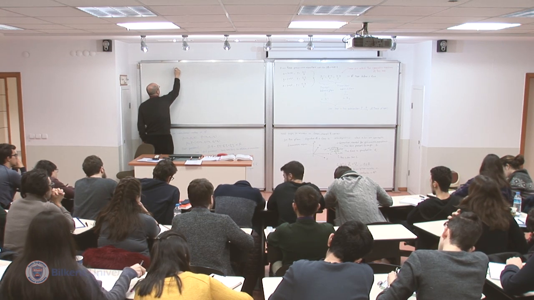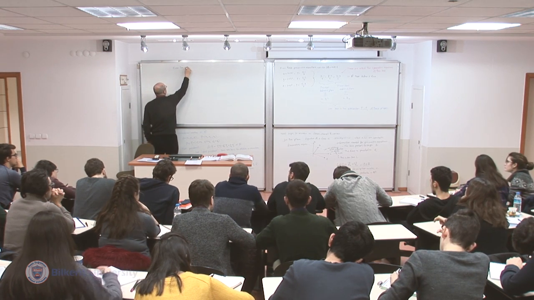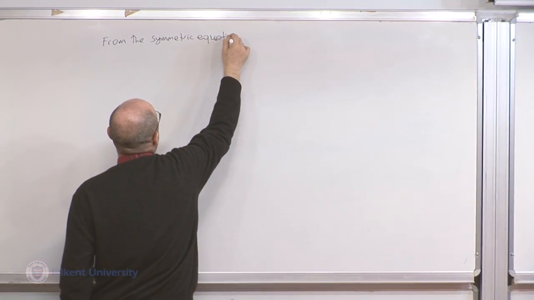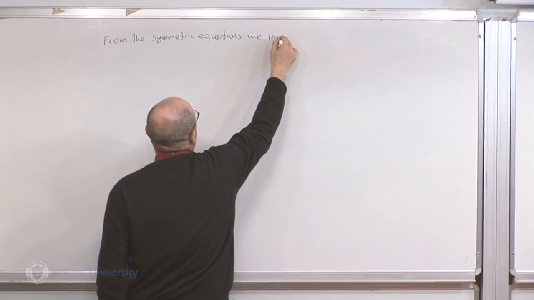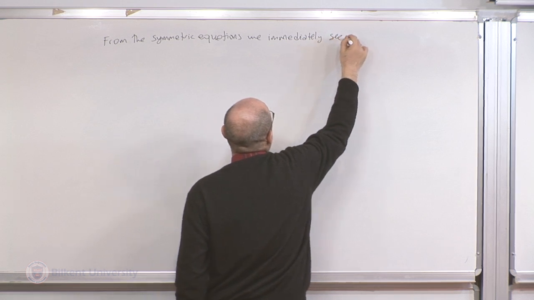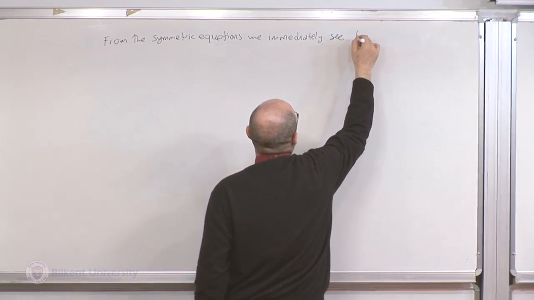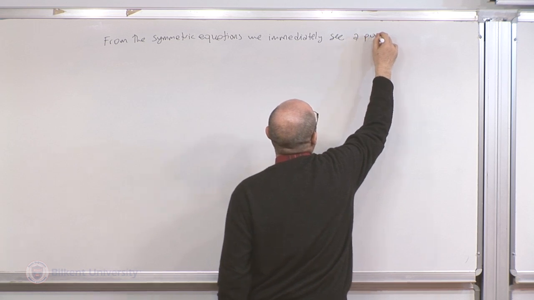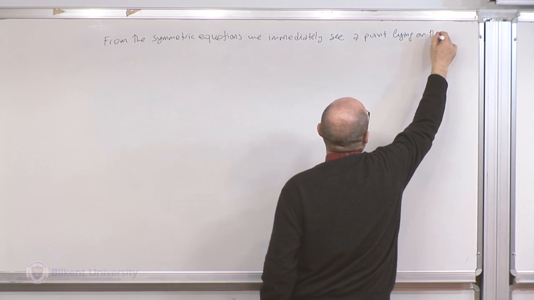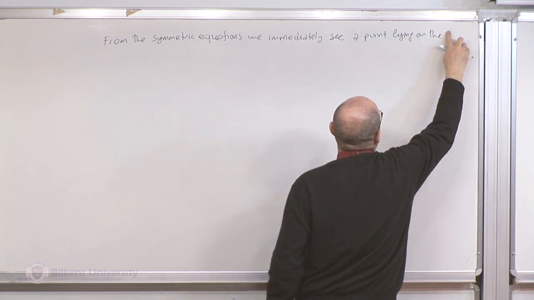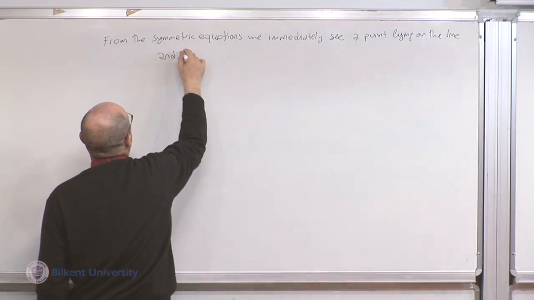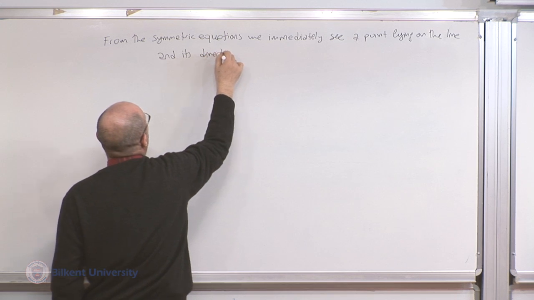From the symmetric equation, we immediately read a point lying on the line, and its direction.